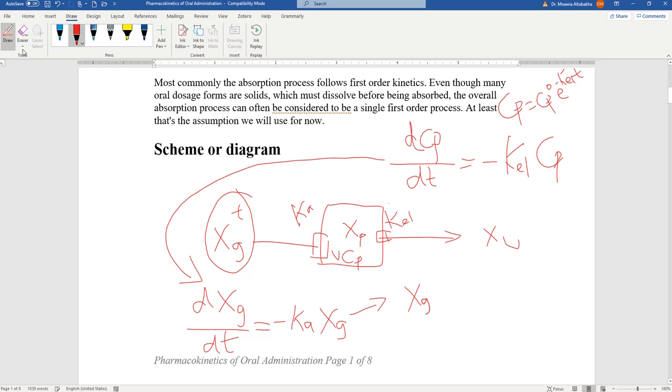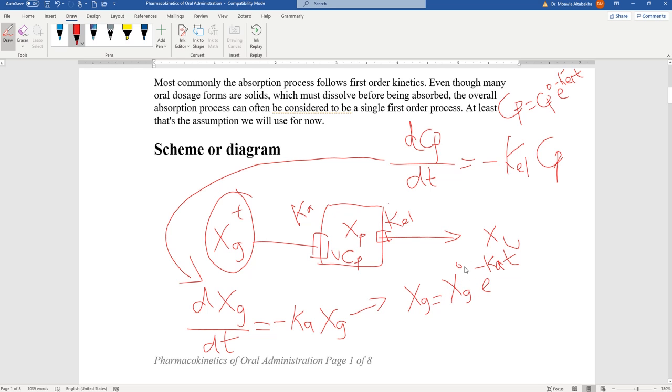That is xg equals to ايش؟ xg0 في E to the power of minus مش KEL, KA, لأنه here we have KA not KEL. Okay, we have KA, KA في T. This is the integration.